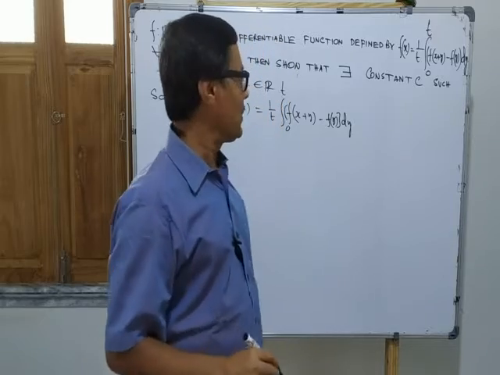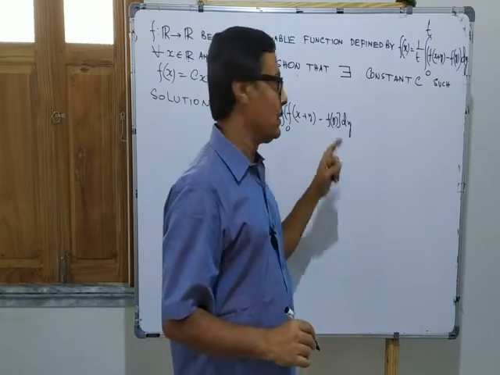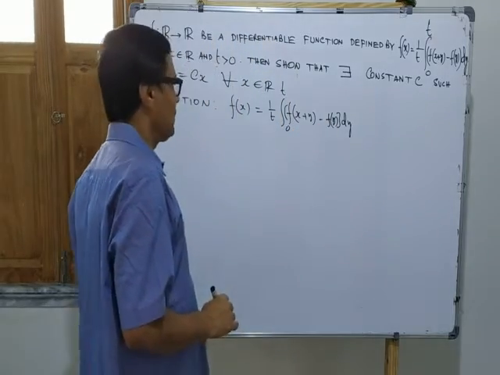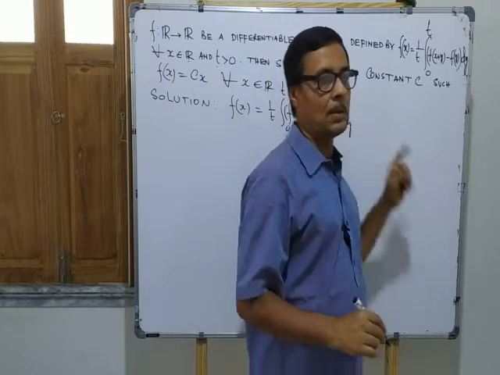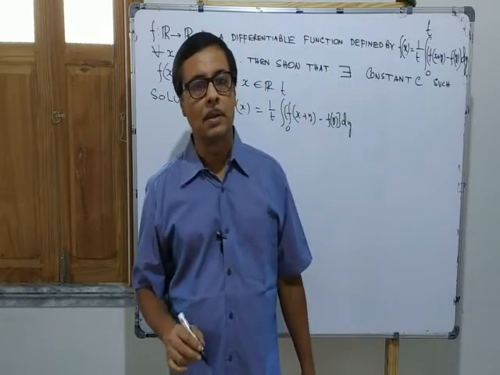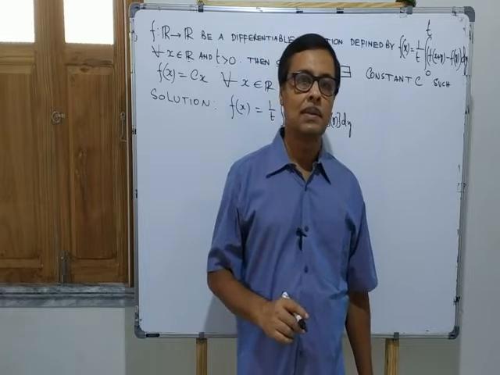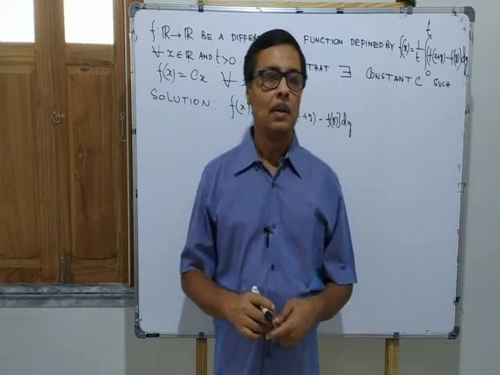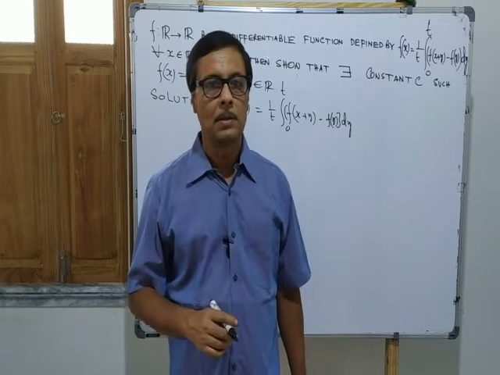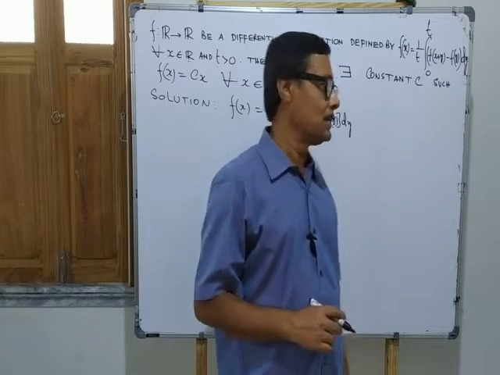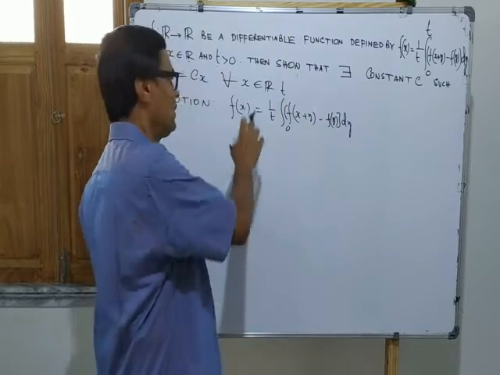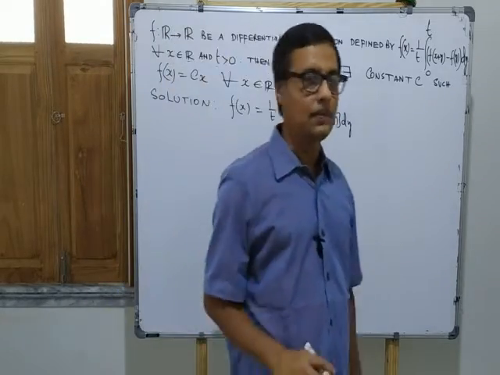Function is differentiable, so it is integrable. And this integrable function also has its antiderivative. An integrable function always has an antiderivative. There exists an antiderivative of any integrable function.